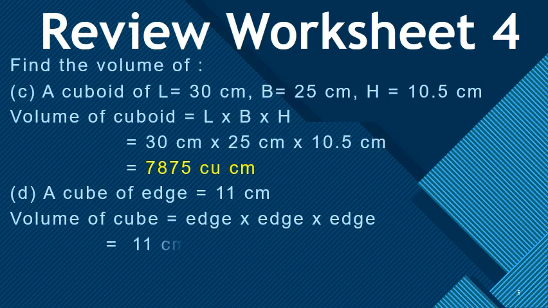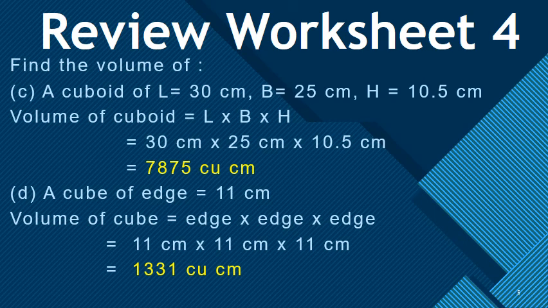So what we will do, 11 centimeter multiply by 11 centimeter multiply by 11 centimeter, which in turn is equal to 1331 cubic centimeter. So this is the volume of the cube of edge equal to 11 centimeter.